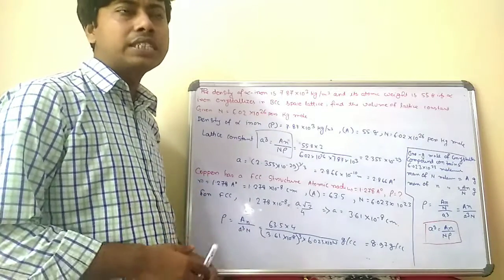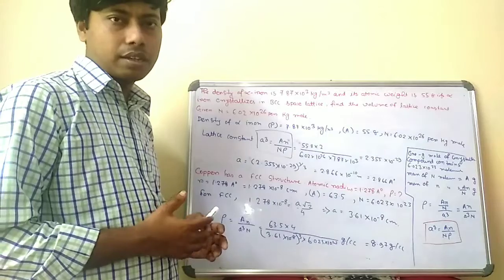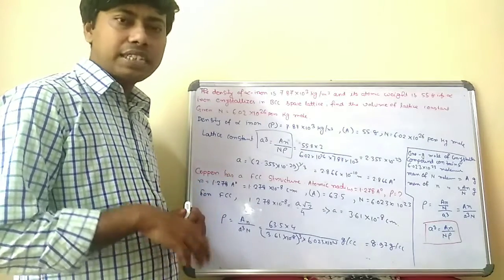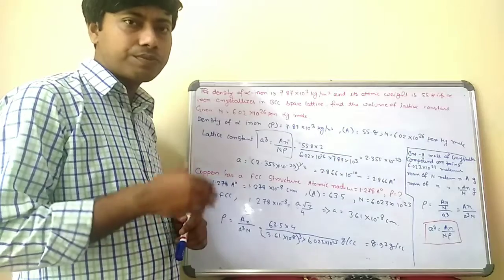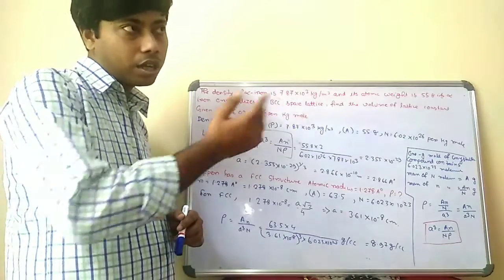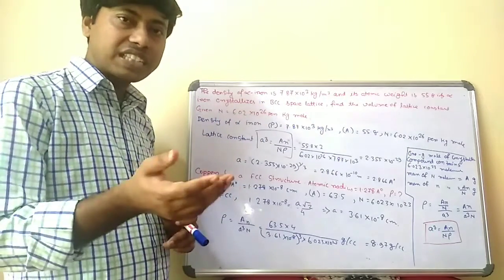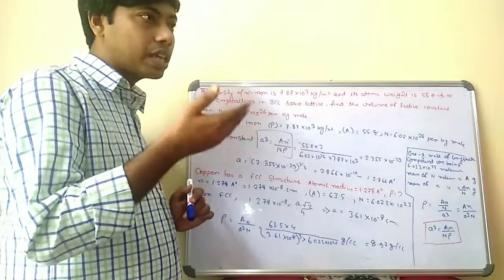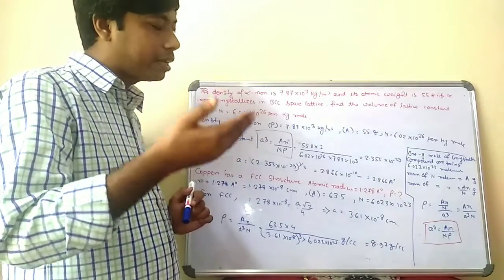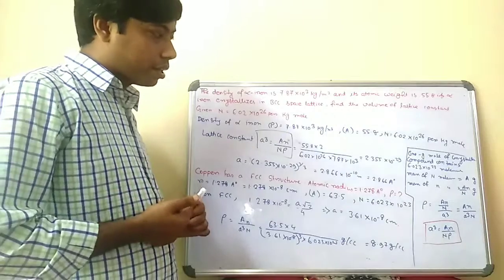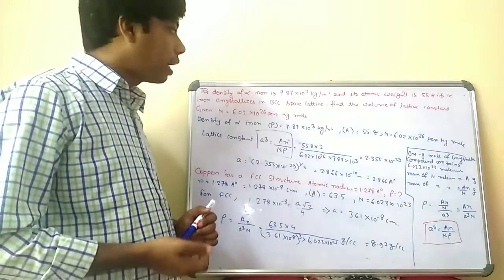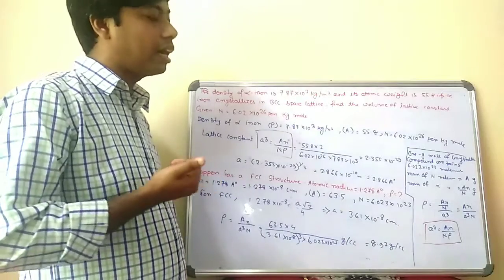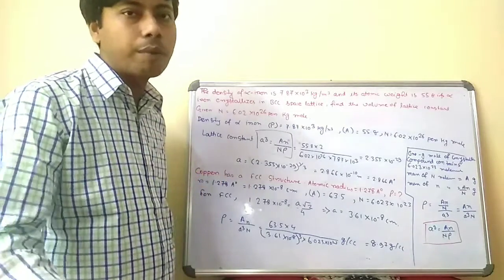We already calculated the number of atoms per unit cell: for simple cubic, that is 1; similarly for body centered cubic, that is 2; for face centered cubic, that is 4; and for hexagonal close pack, that is 6. So if you know all these values, n, rho, capital A, capital N, you can easily get the lattice constant, or in terms of that you can easily calculate the density of the crystalline compound.